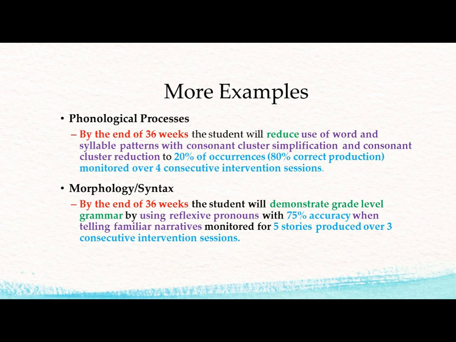So what you're tracking is correct production of consonant clusters for the 80% criteria, or the use of the incorrect phonological process to 20% of occurrences. And then monitored over 4 consecutive intervention sessions gives you a little bit more information about the level of performance expected and the time frame for measurement of correct production towards mastery.